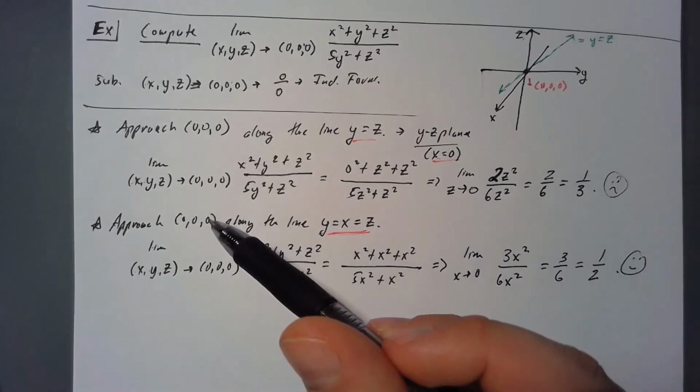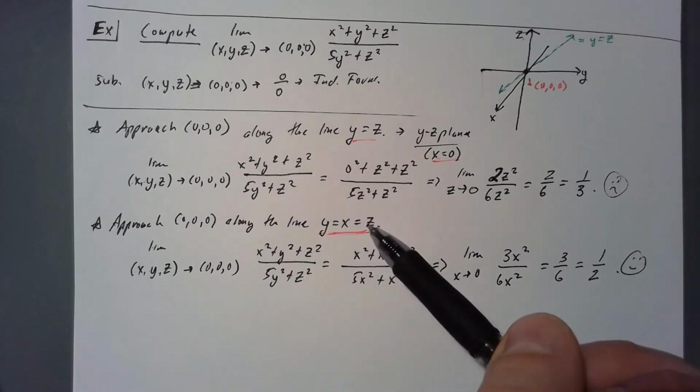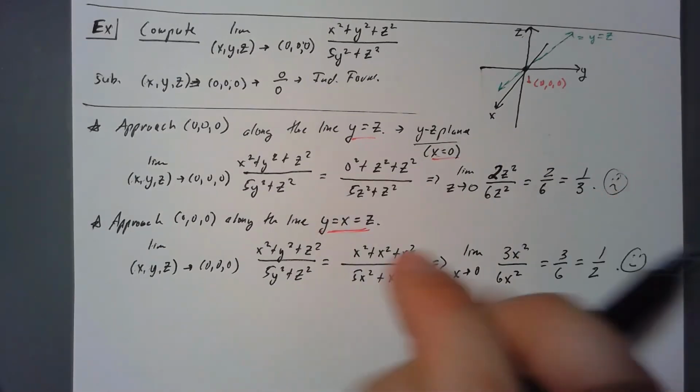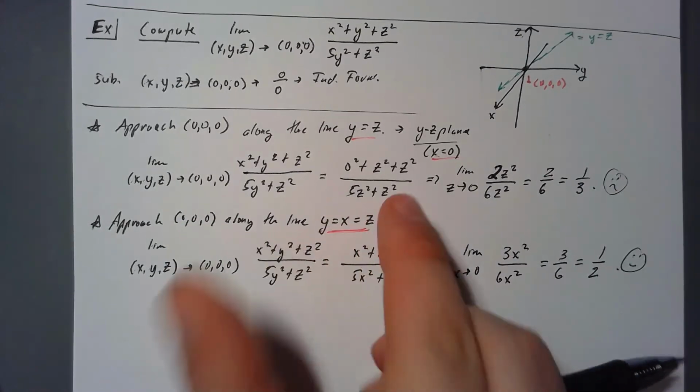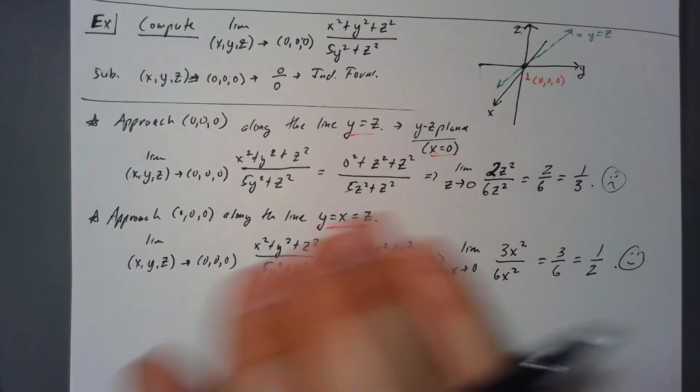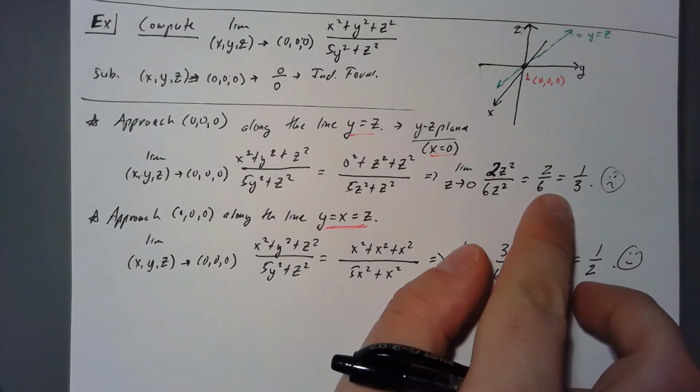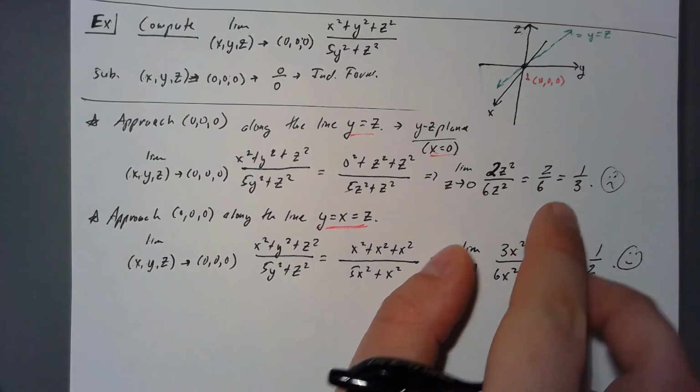I could get to 0, 0, 0 if they're all the same. That's good enough. Try that. As long as I could get to that point on some curve that I pick, I'm good. Try it until you get two different values, and then you're fine.